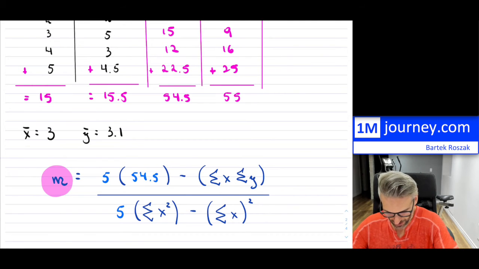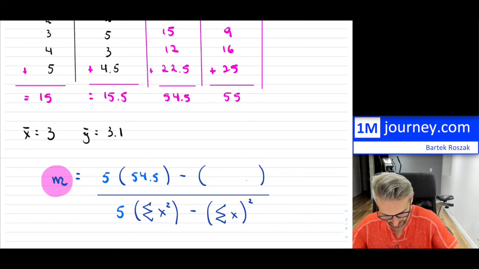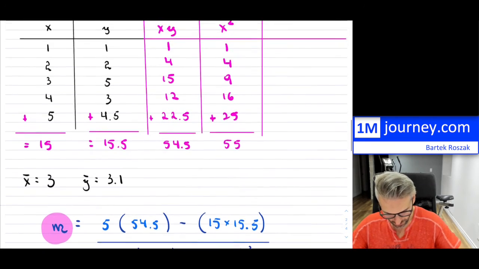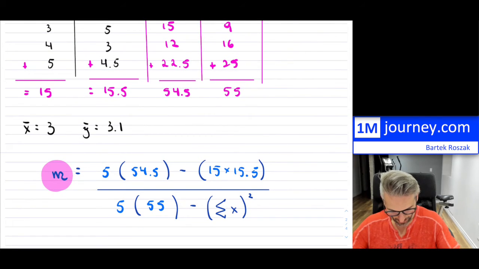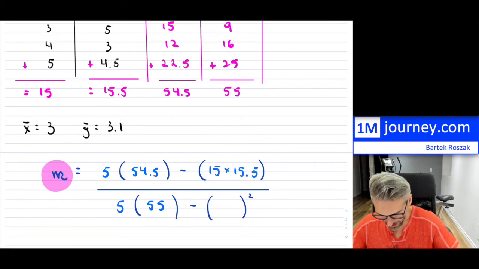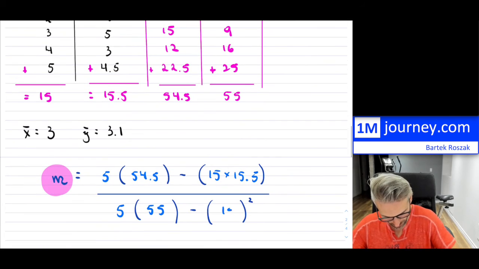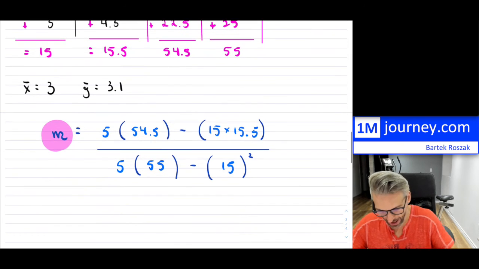Then I have the multiplication of the x and the y summations. So that's 15 times 15.5. Summation of the squared, so that's 55 right here. And then squaring of that, so that's going to be 15 right here. So that is my m.